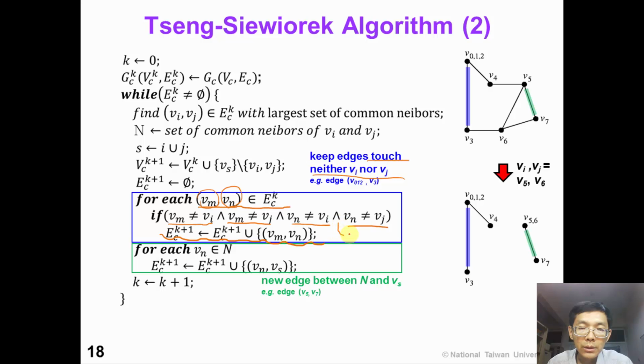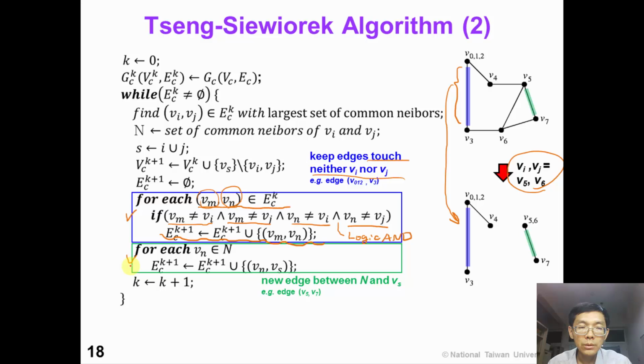The upward triangle here means a logic AND. For example, suppose we merge V5 and V6 in this iteration. Then the edge between V012 and V3 does not touch V5 nor V6. So this edge is kept to the next iteration. So this is what we do in the blue rectangle.